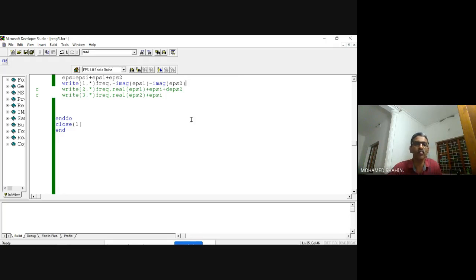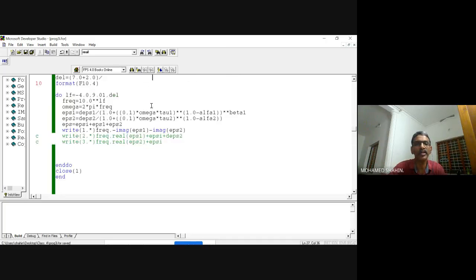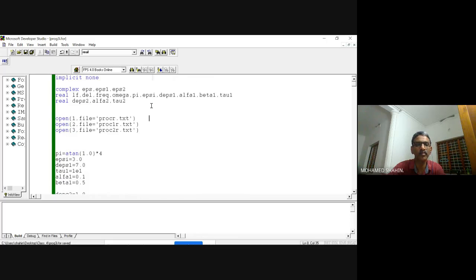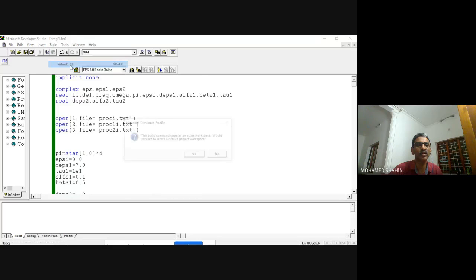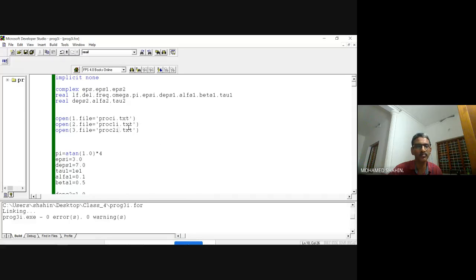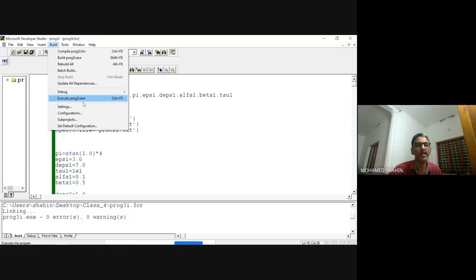Okay, this is the composite response file. Now we go and modify the pros CI, pros 1I, pros 2I. Save it, build, rebuild all, yes, build, execute.